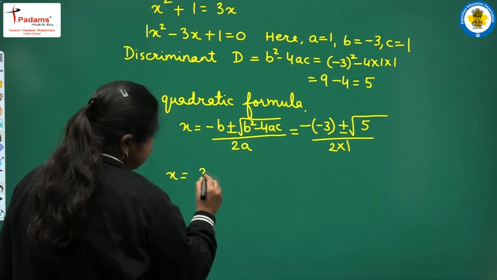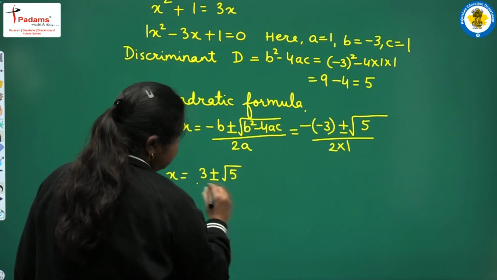This will further give us x equal to 3 plus minus root 5 upon 2 ones are 2.